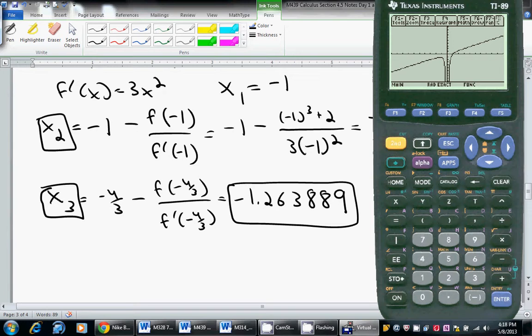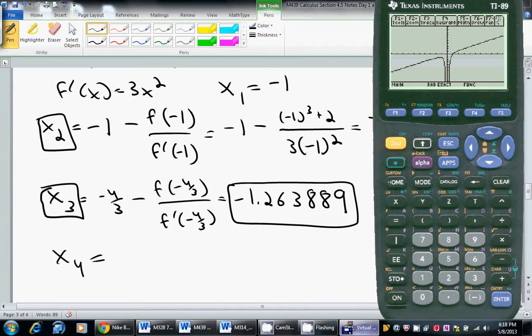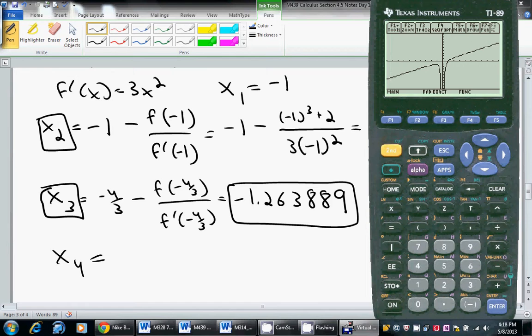So my next guess for x sub 4 is going to be where I plug x into my function on the calculator. So on the calculator now, I'm going to trace F3, and now I'm going to type in negative 1.263889, and it gives me negative 1.25993.